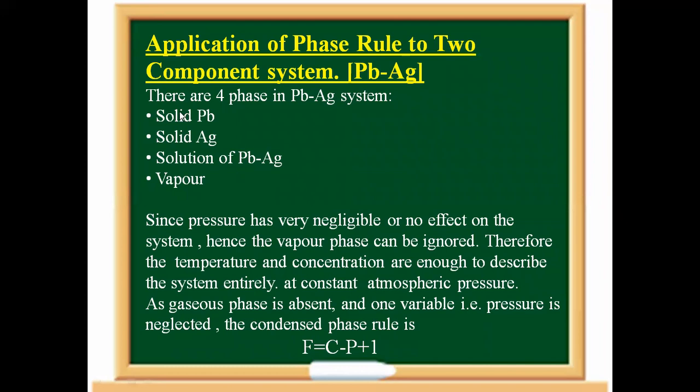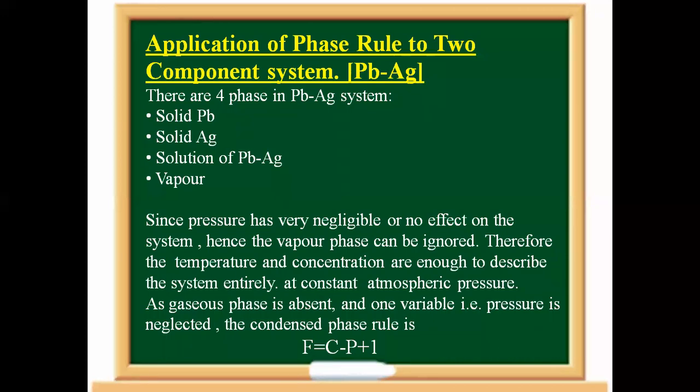Now over here, if you see, there are components: one is solid lead, one is solid silver, and the third is the solution of lead and silver which is formed, all existing in equilibrium. But we are supposed to take the minimum number. So the minimum number is two components, that is solid lead and solid silver.